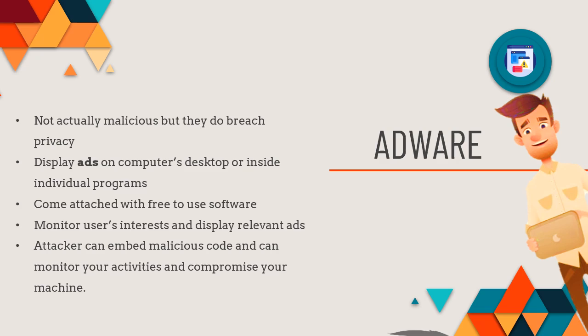So when we install a particular program and adware is also installed there, if it is created by the attacker, then the attacker can add malicious code into that particular adware, and then this adware can monitor your activities, and even monitor your data transfer, or even your private information, etc., and then compromise your machine or compromise your personal data itself.